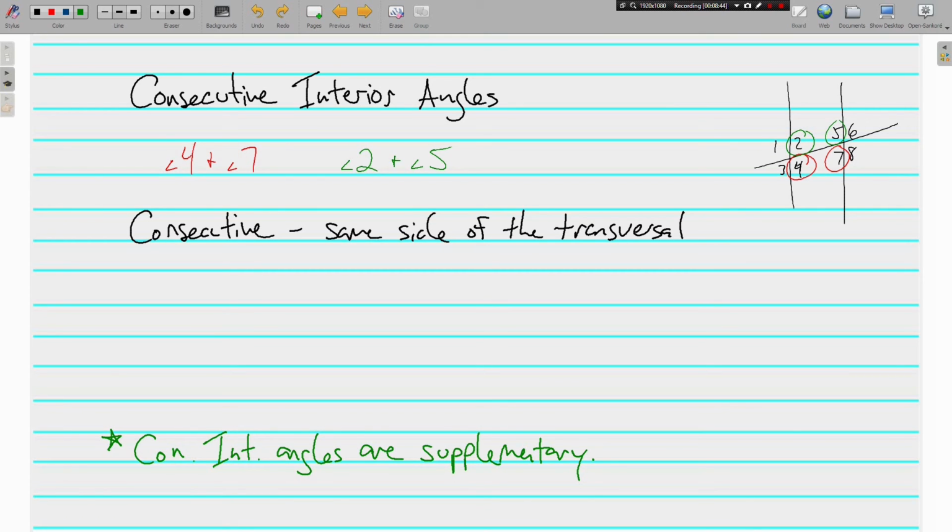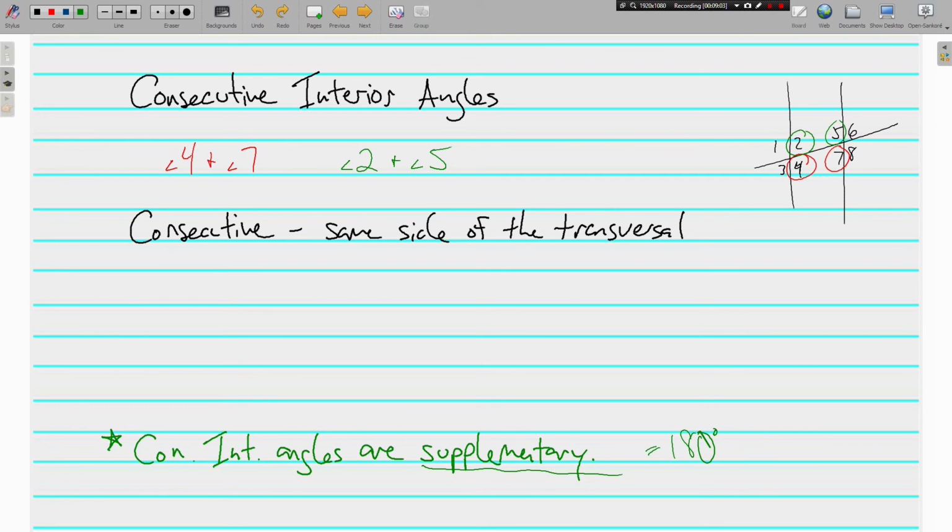Now, these are not congruent. Consecutive interior angles are supplementary. Well, that wasn't straight at all. They are supplementary, which we know means that they have a sum of 180 degrees.